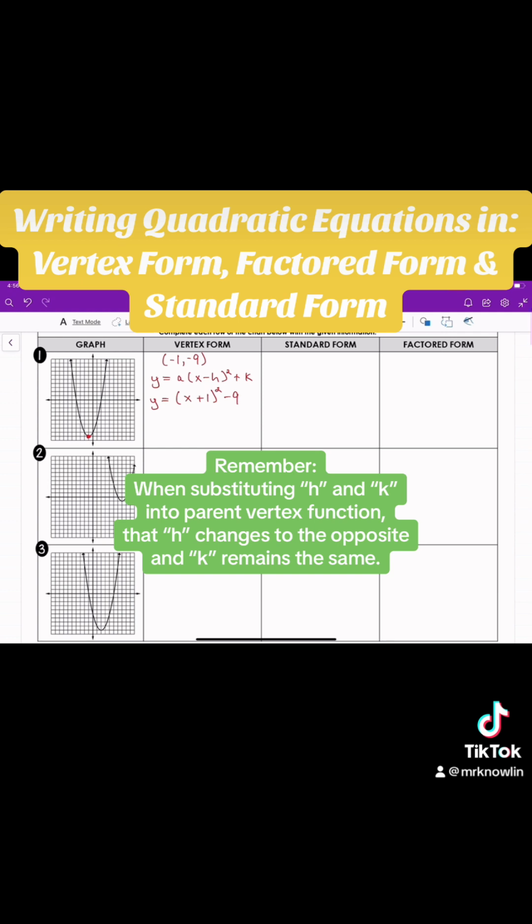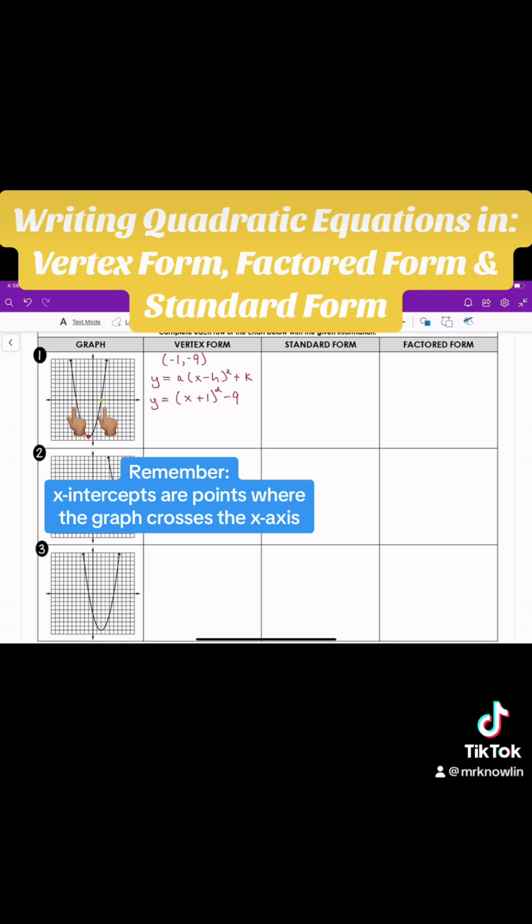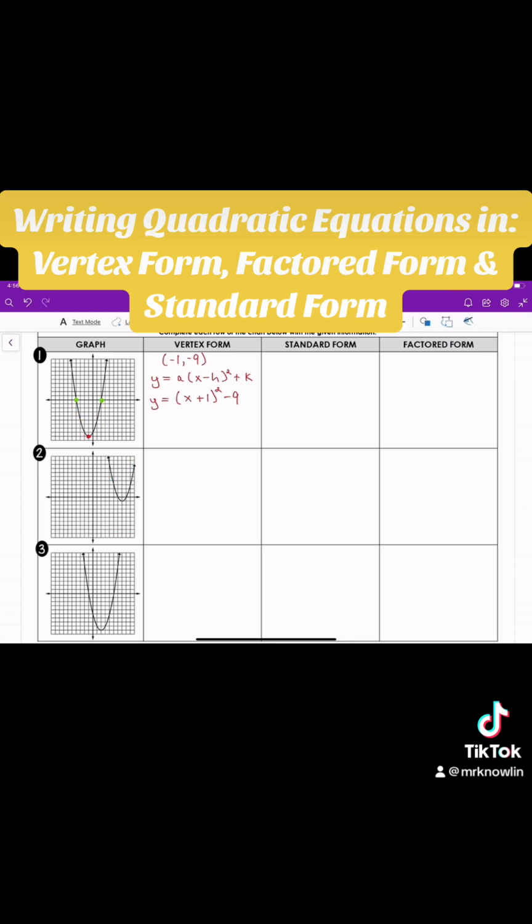Now the next simple thing to do would be to write it in factored form, but we need to know what our roots or our x-intercepts are. One of our factors is right here where it crosses the x-axis, and the other one is right there. One of our x-intercepts is +2, 0, and our other x-intercept is -4, 0.